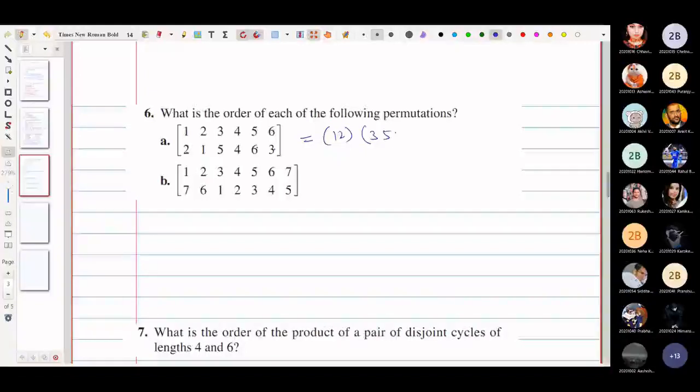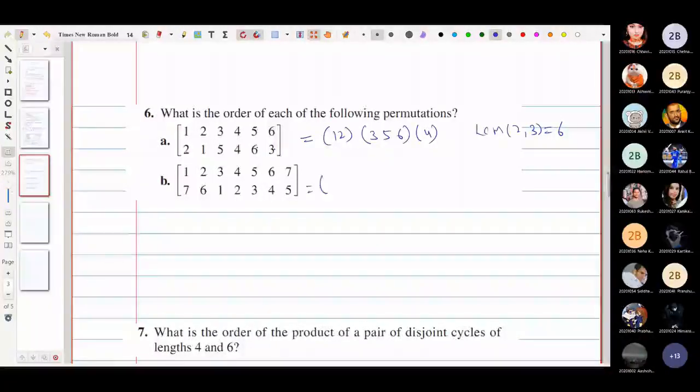Then 3 5 6. And then 4 is fixed. So what is the order in this case? LCM of 2 and 3, which is 6. Fine.